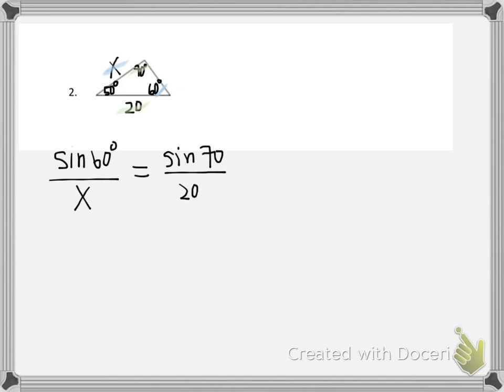So cross multiply: you're going to get 20 times sine of 60 is equal to x times sine of 70.